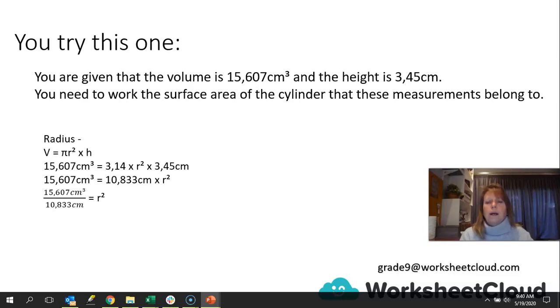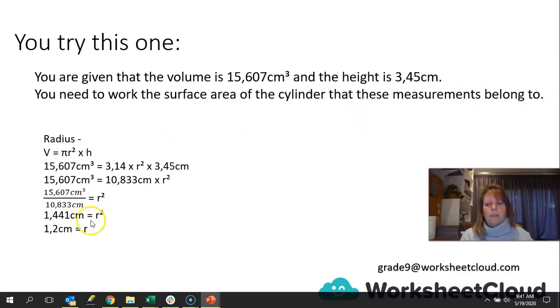And that is going to, like I said just now, give us the radius squared. Okay, so 1,441 centimeters squared, sorry, would be radius squared, but we need to now square root that 1,441, and it ends up with 1,2 centimeters as the radius.